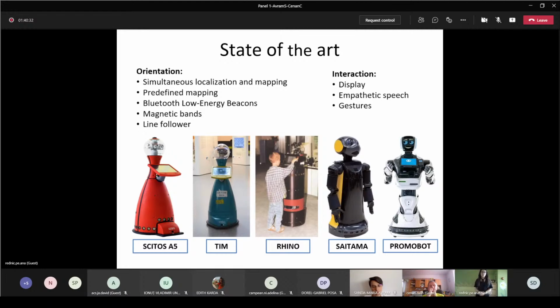The most advanced robots have predefined mapping of the surroundings stored in memory, or generate a live map using cameras and laser sensors. Some of them are based on technologies like SLAM, simultaneous localization and mapping, optical flow, or odometry based on movement coordinates. The ones presented use speech synthesis and gestures to interact with visitors while showing a user-friendly interface.